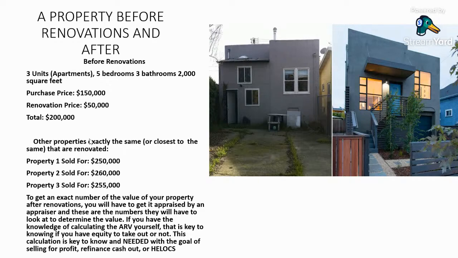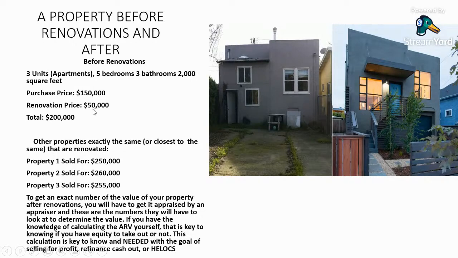So you could be spending renovation money and not really adding equity or value to it. A lot of people may think that just because I put some money towards the renovations, I automatically add value. That's not true. Let's say, for example, the renovation price for this property changed from $50,000 to $100,000.